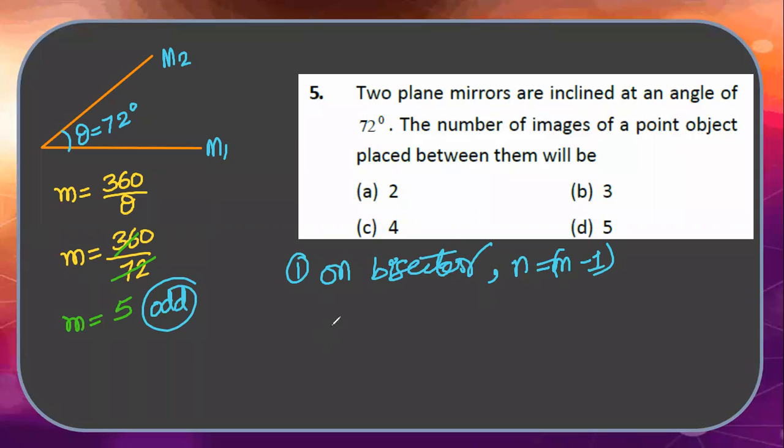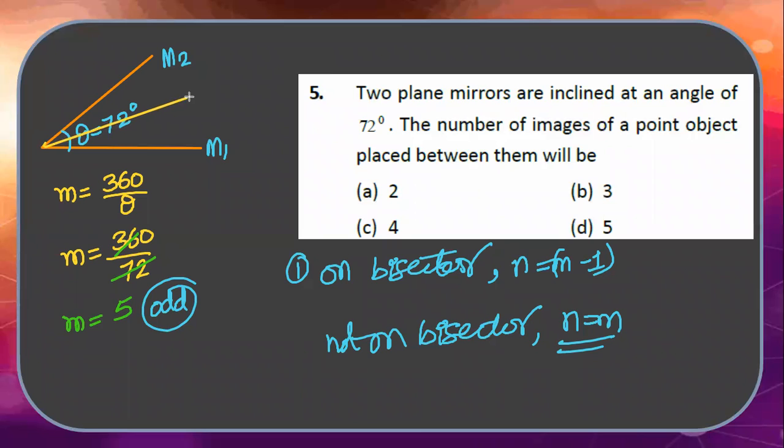If the object is not on the bisector, N is equal to M. They didn't mention whether the object is on the bisector or not. In such a case, by default we take the object to be on the bisector.